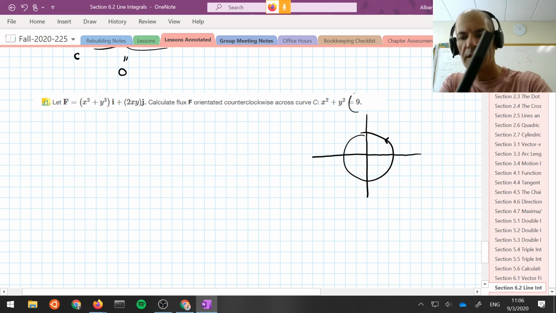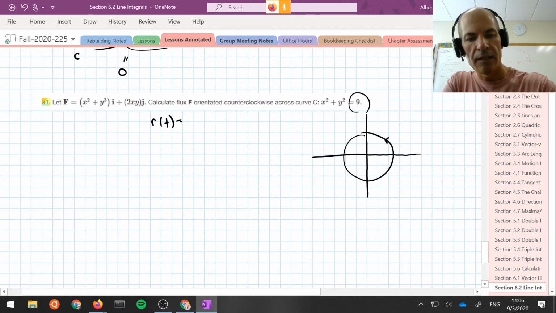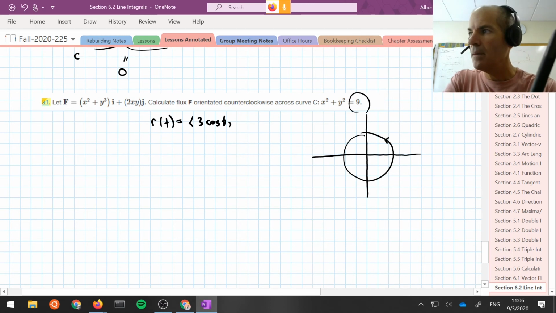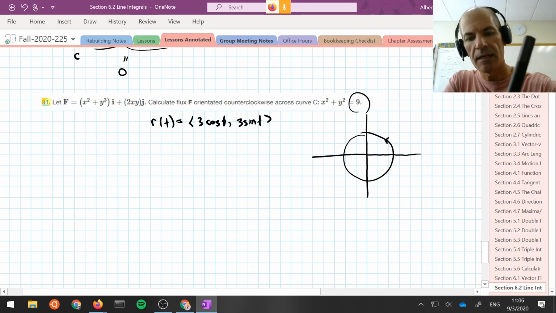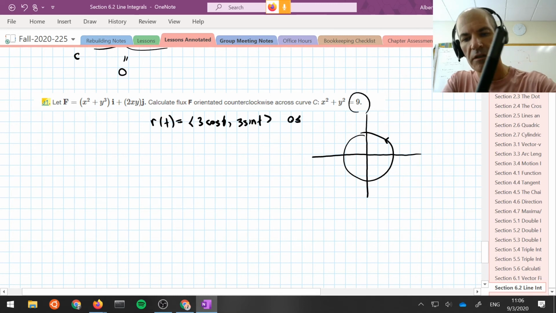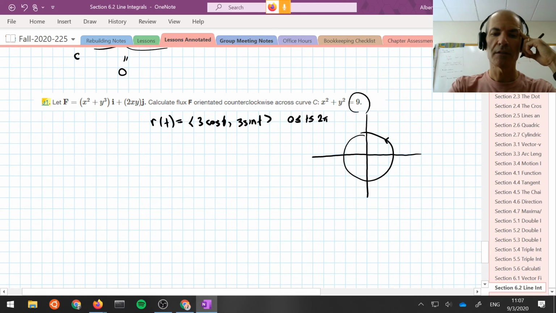This circle has radius 3, so we'll write r(t) as <3 cos t, 3 sin t>, and the parameter range is 0 to 2π. So that's going to get us what we want.